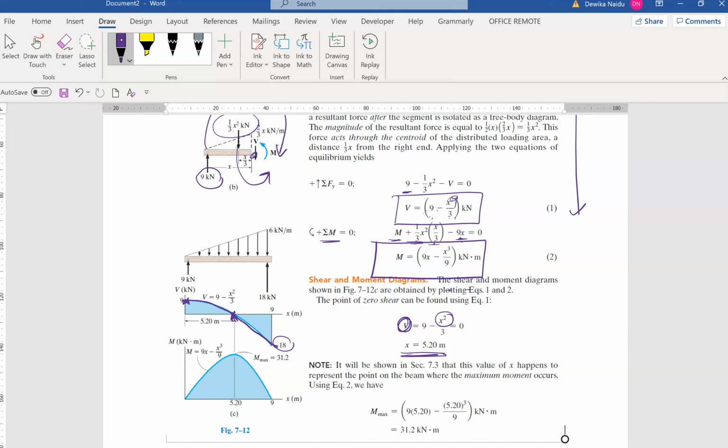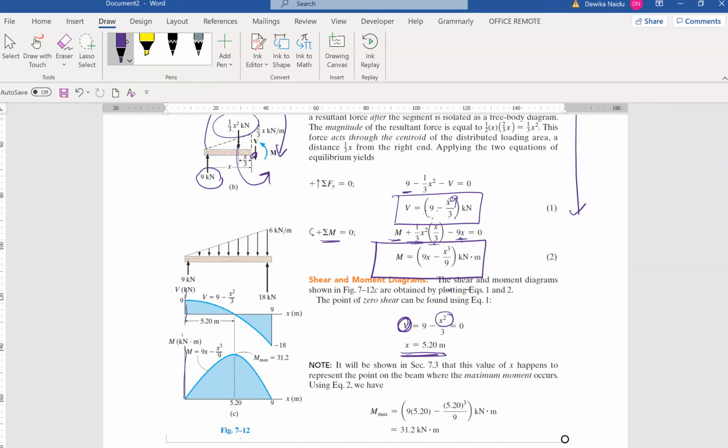Now remember one thing I told you: when the shear intersection is at 0, it would be a maximum or a peak at the moment graph. It can be a positive peak or a negative peak, so we don't know, but it would be a peak. So that's why you need to further calculate. If you see this example, they have actually plotted in the same line.